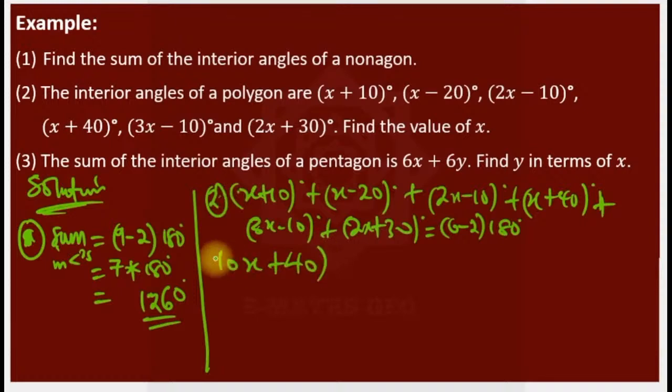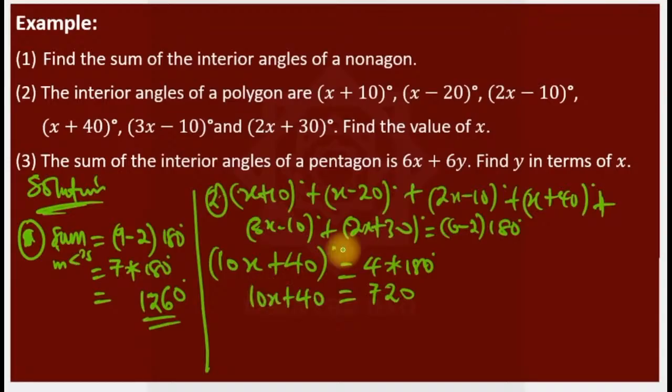So that's it. Equal to 4 times 180 degrees, because 6 minus 2 is that. So as you can see, 4 times 180 is 720. Right? Yes, 720. So this is 10x plus 40.